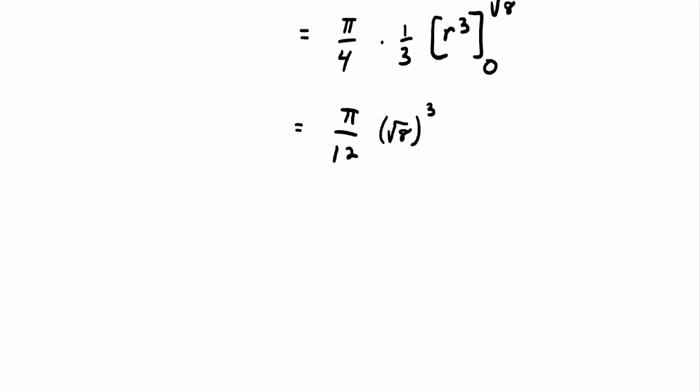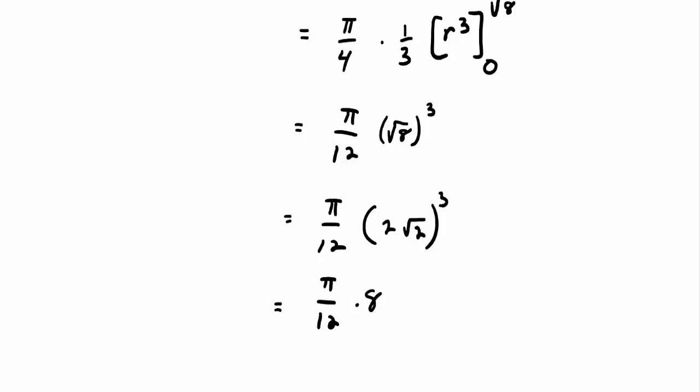And then, if you like simplifying radicals, you could have a good time here. Pi 12ths. Well, what's the square root of 8? It's 2 radical 2. So what do you get if you cube that? You apply the exponent to the 2, so that gives you 8, and radical 2 times radical 2 is 2 times another radical 2.